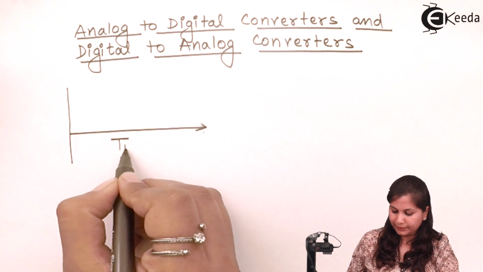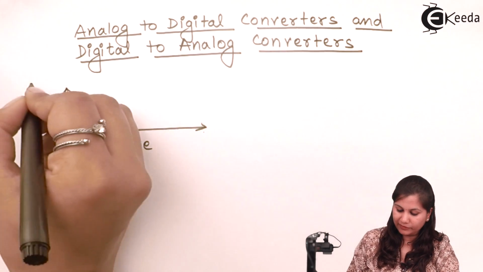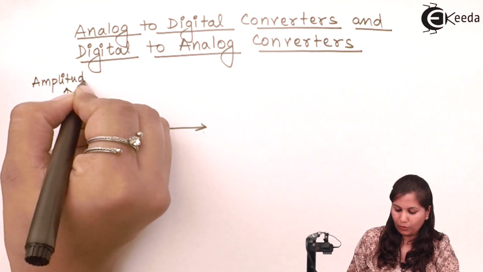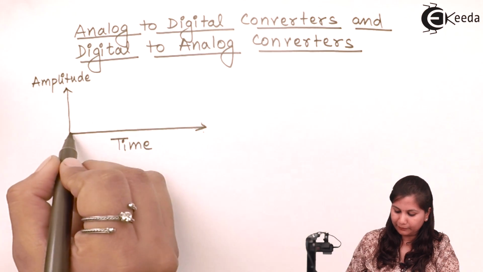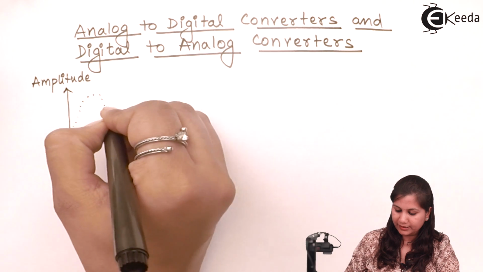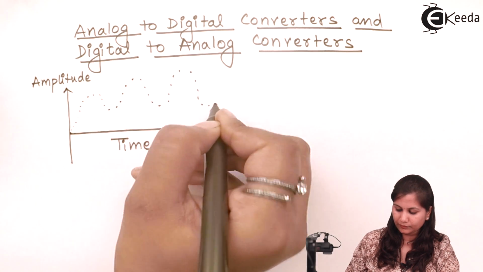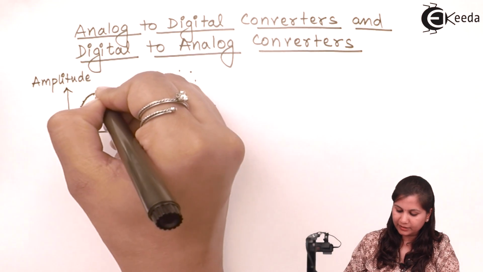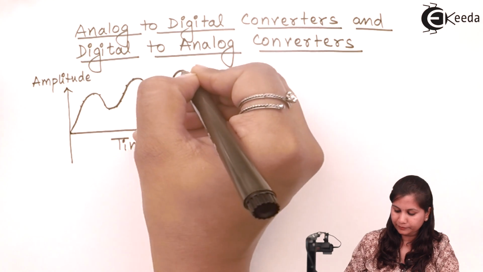if this is the time on the x-axis, and on the y-axis we have the amplitude of the signal, then at every instant of time we will have different values for this signal. So if we join all these points, you will get this analog signal.